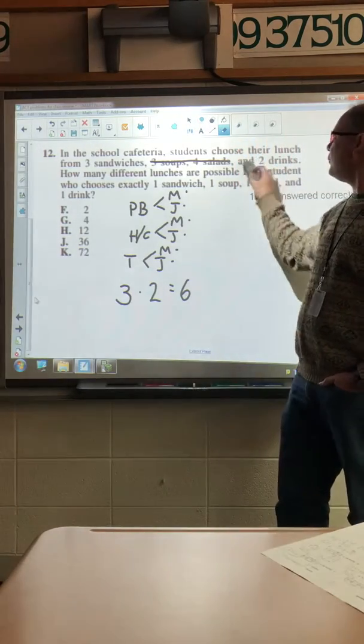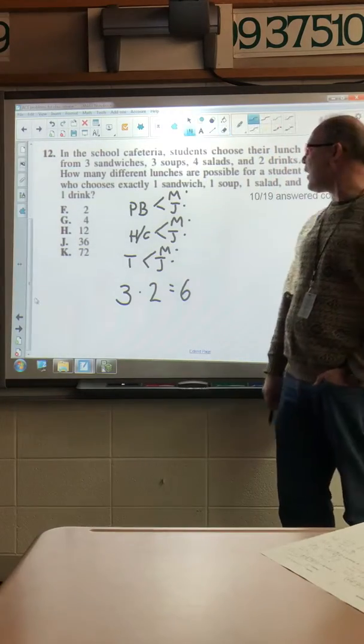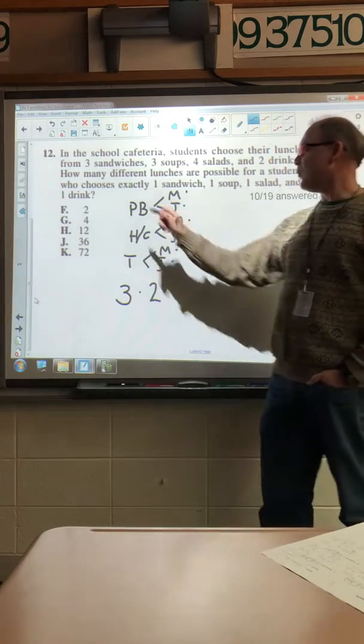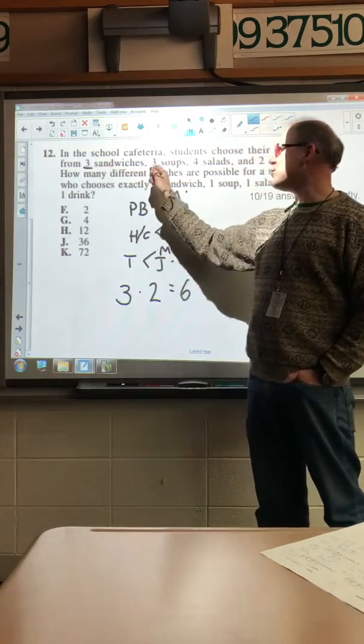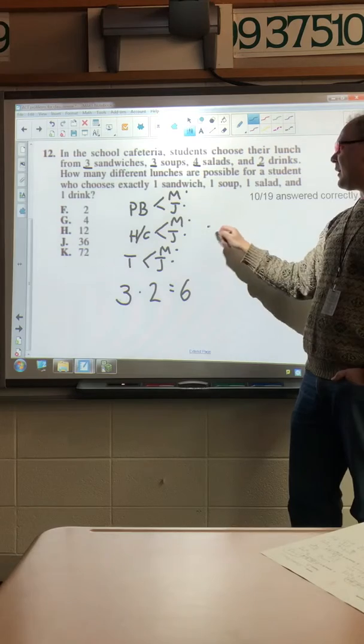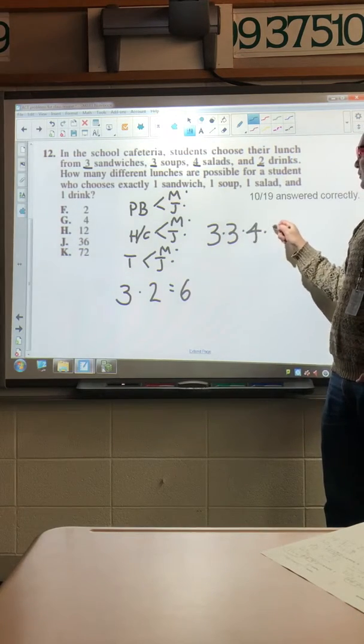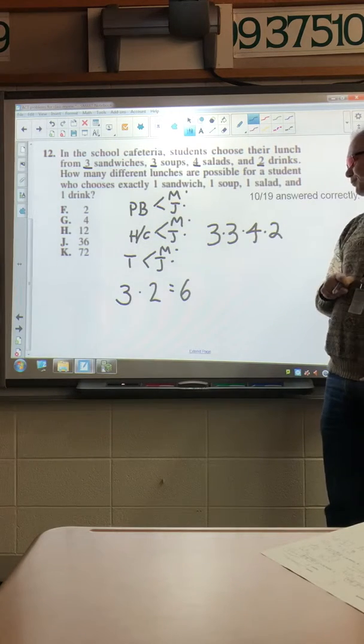So for this problem, you've got soup and salad options as well. So basically you just multiply the number of choices you have for each. So you multiply 3 times 3 times 4 times 2.